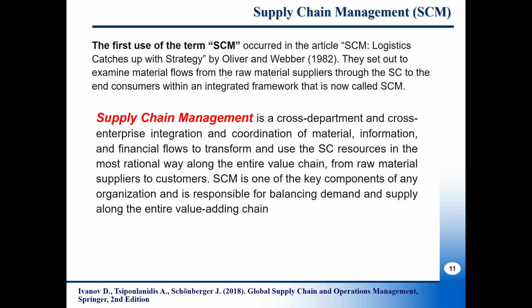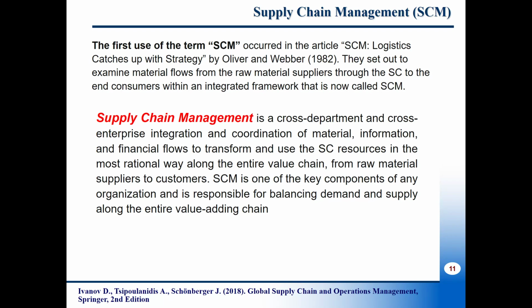There are many definitions of supply chain management, but the most important thing is that we have to understand that supply chain management is cross-department and cross-enterprise integration and coordination of materials, information, and finance. These three types of flows, that is material flow, information flow, and financial flow, are the most important topics in supply chain management.